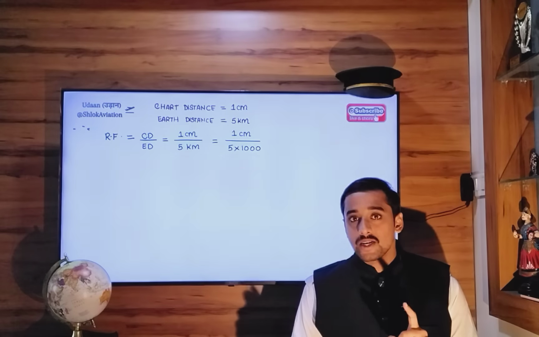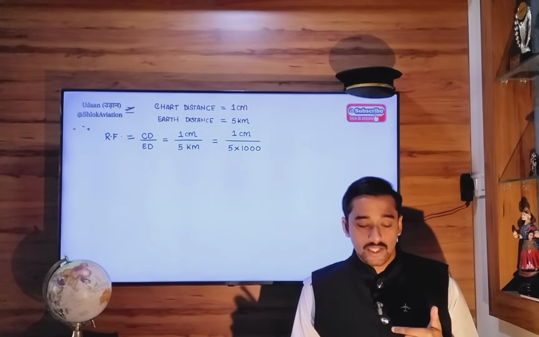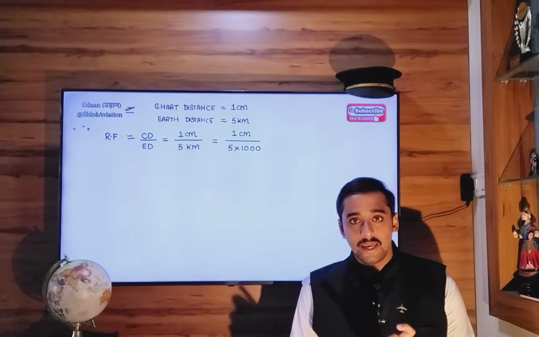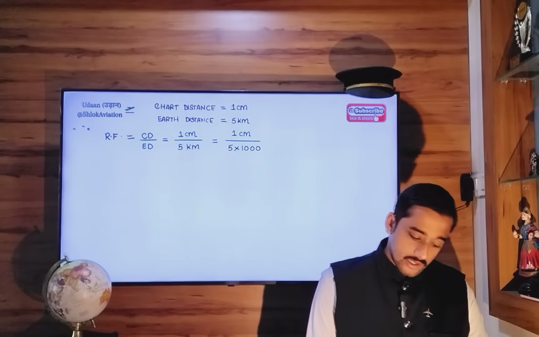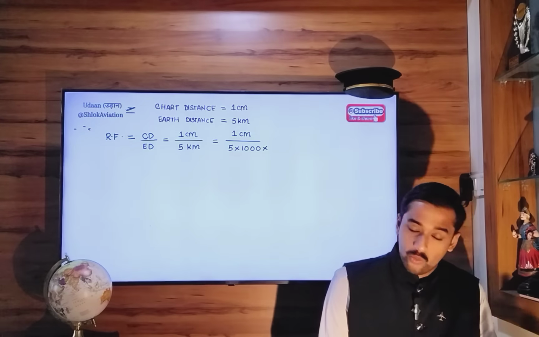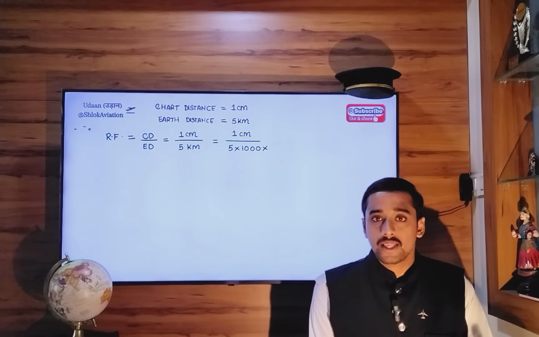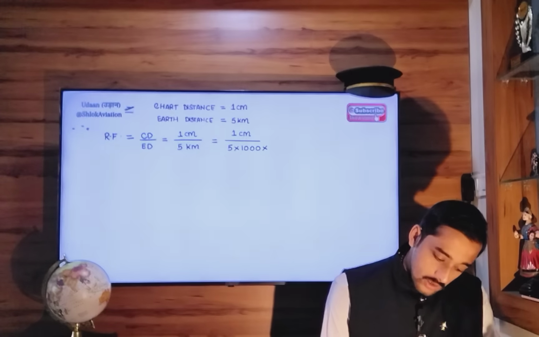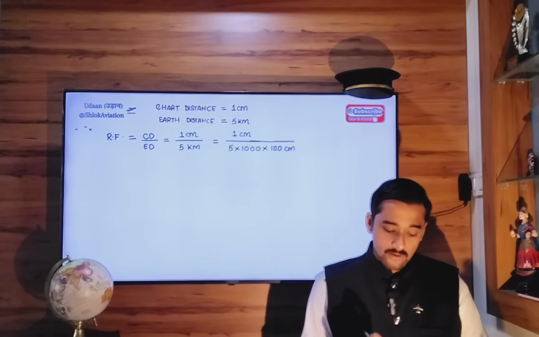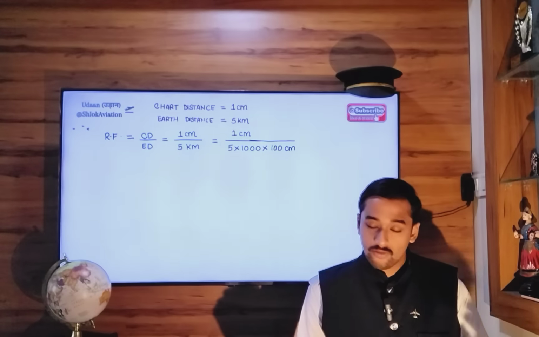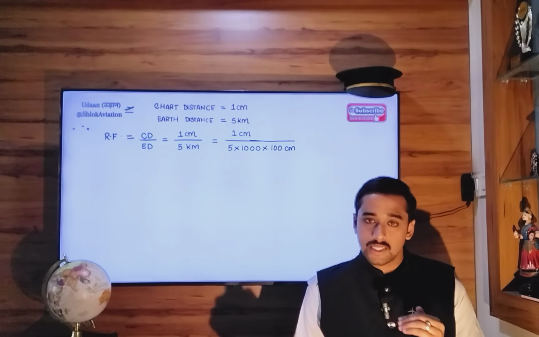Let's convert this meter into centimeter, because we have centimeter in the numerator, so let's make this meter into centimeter in the denominator. 1 meter is 100 centimeter, so 5000 meter will be 5000 into 100 centimeter. Now we have both numerator and denominator with the same unit, centimeter.